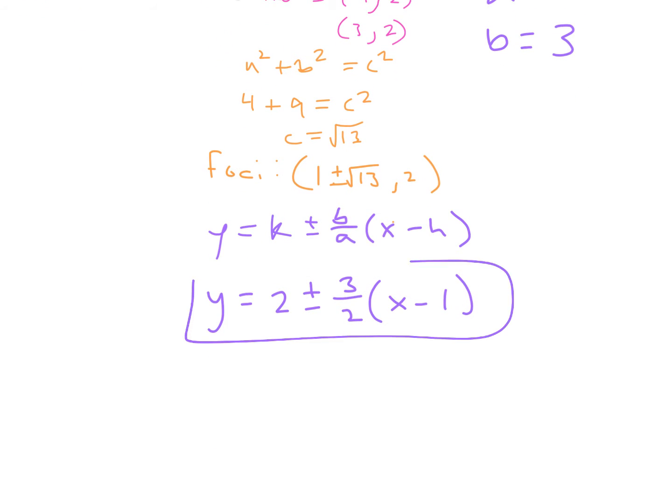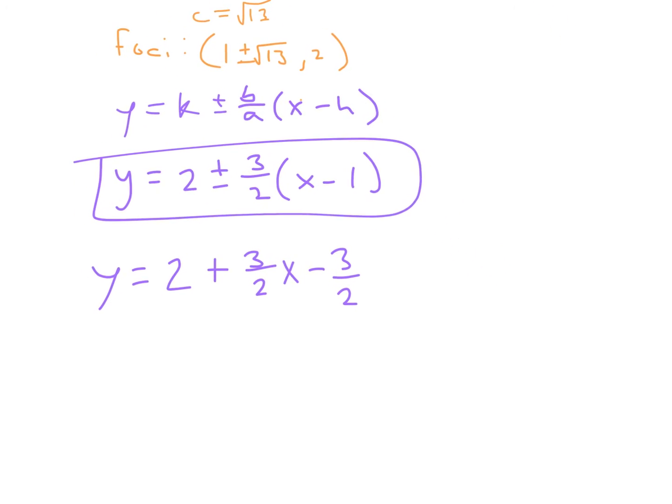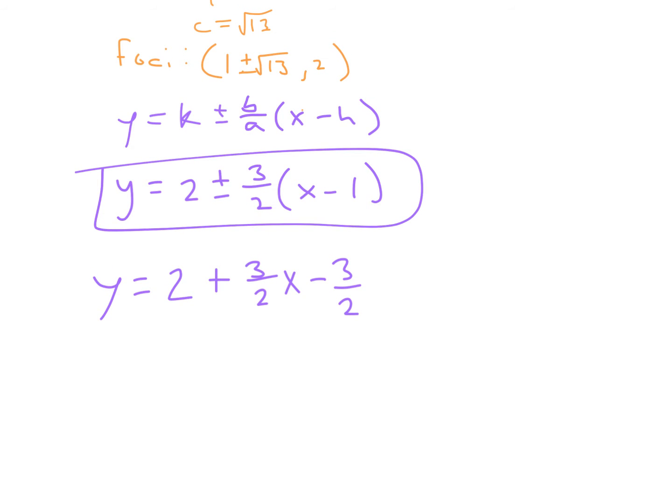And you may see the answer like this, or it would be simplified a bit. So we can split it up into the plus and then do the minus. So plus 3 over 2x minus 3 over 2, and then combine our like terms. So I could change this 2 to be 4 over 2. So y is equal to 3 over 2x plus 1 over 2.